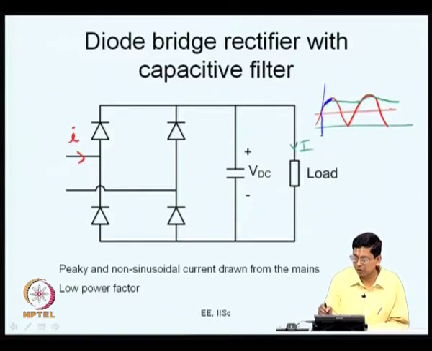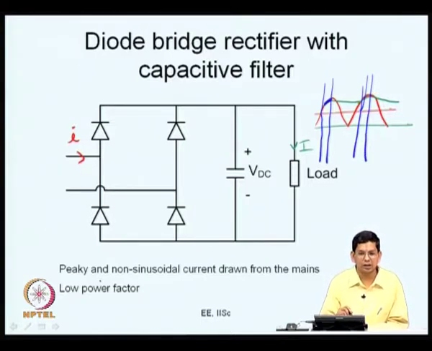During the remaining interval of time, there is practically no current flow here. Only during this instant is current flowing through this. At the other times the diode is not conducting; it is only the capacitance that is getting discharged through this load. The capacitance continues to supply the load.